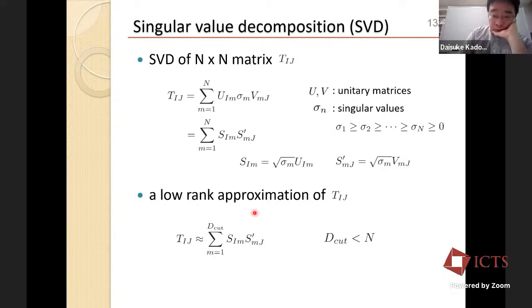So this truncation gives a good low rank approximation of T.